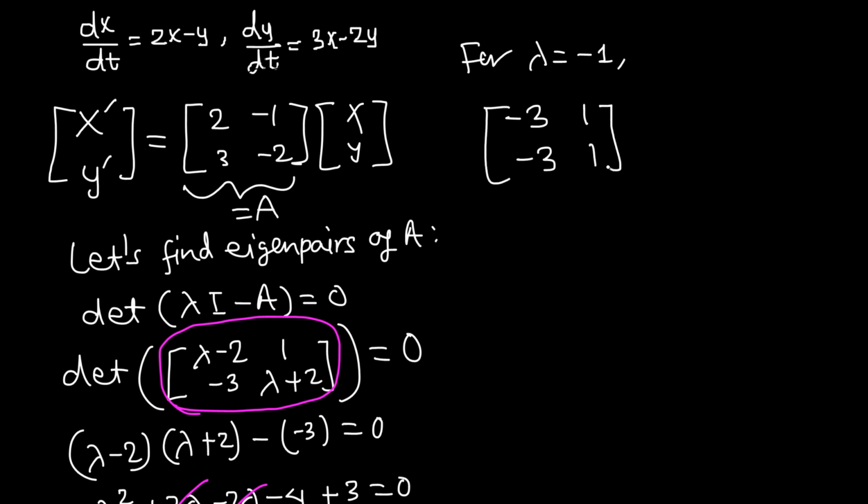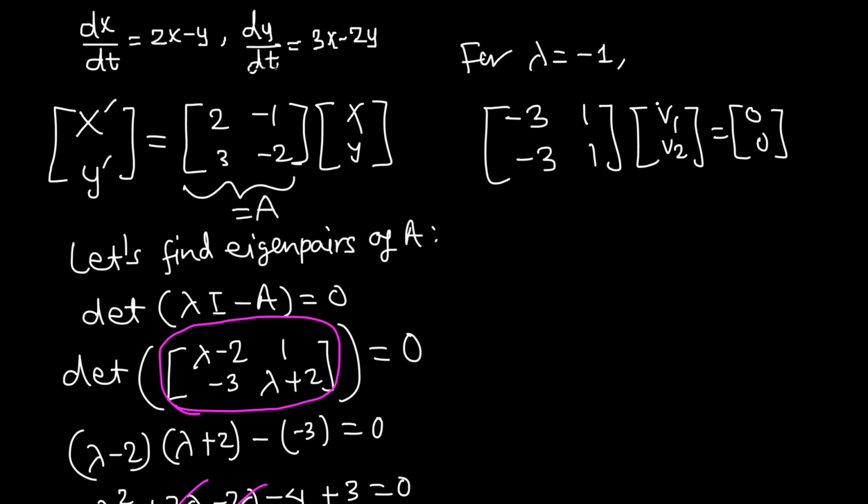This times the vector V, let's say V1, V2. That's what we are trying to find, equals the zero vector, 0 0. And these two rows are always linearly dependent in these cases. So we can simply ignore the second row and just work with the first.